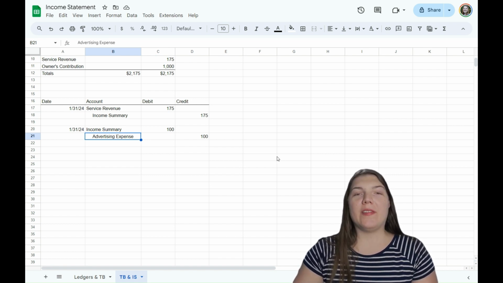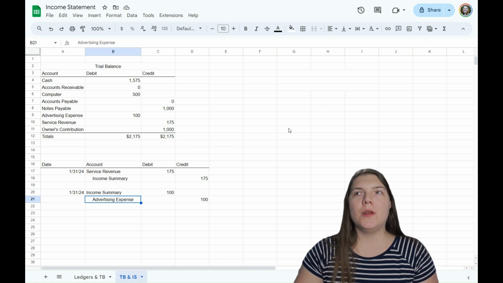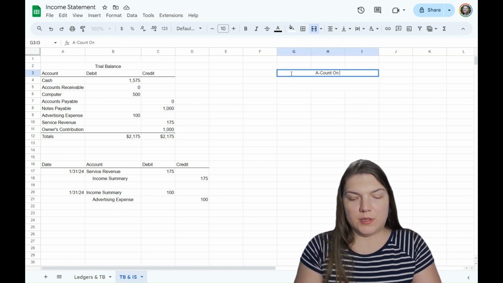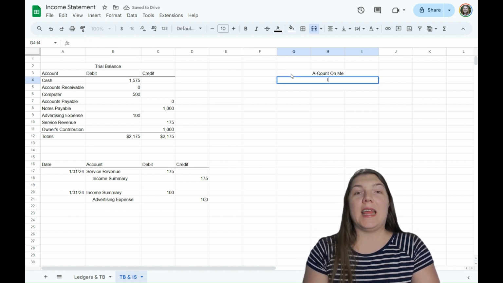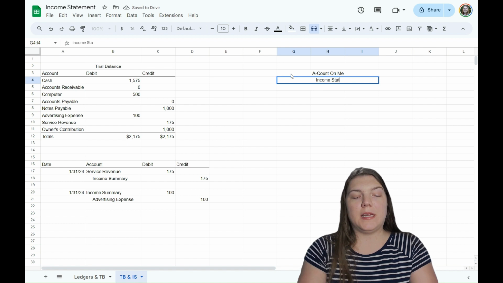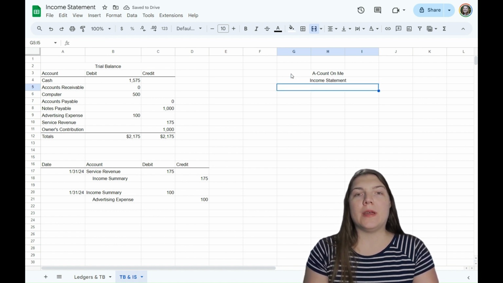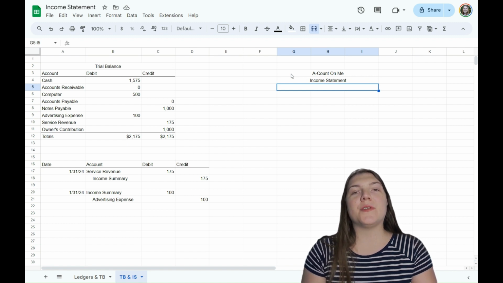From here, we create the income statement, which is going to be super simple for this business that doesn't have much, but I'll tell you the general format, and that should help. First, you put the business name on top. So we have our account on me, business. The second line is the name of the statement. So in this case, income statement. And then the third line is what period or date you're talking about. As we discussed earlier, income statement is always for a range of dates.